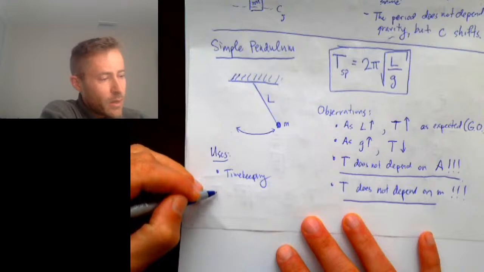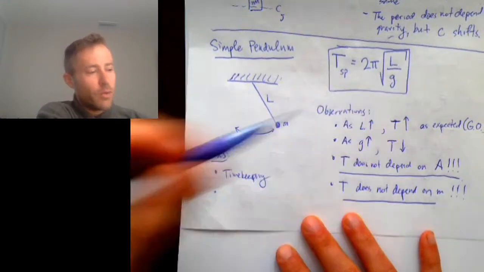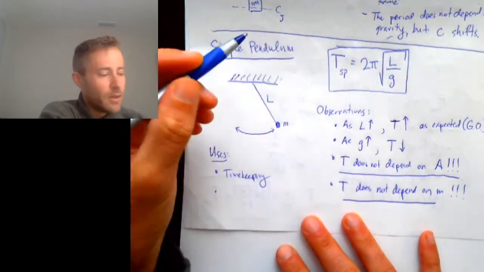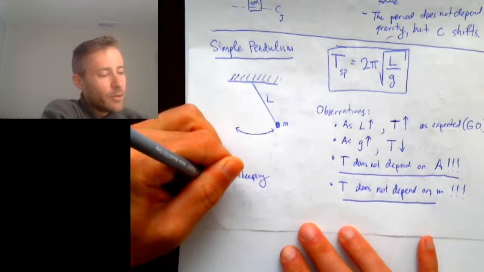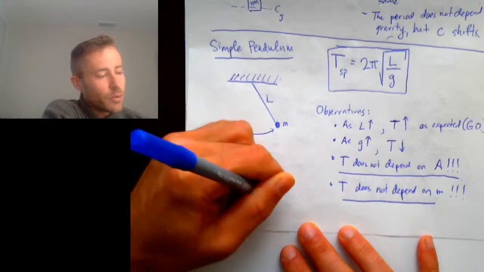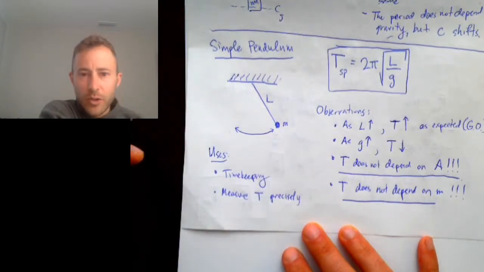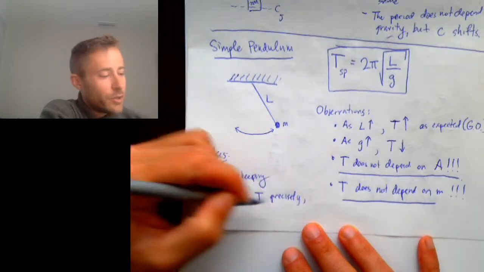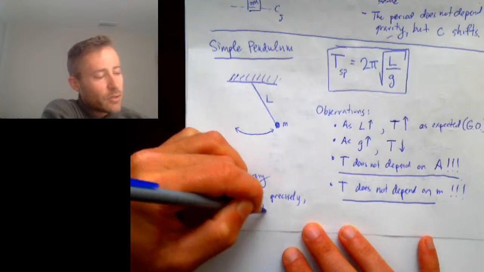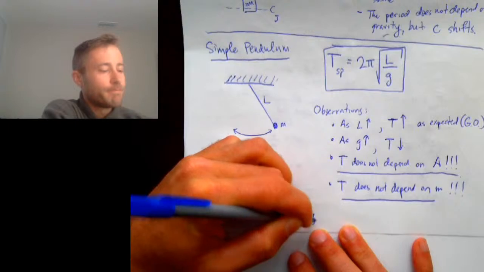Okay. The other thing is, if you know the length of the pendulum and you can measure the period really precisely, then you can use the equation to solve for gravity.